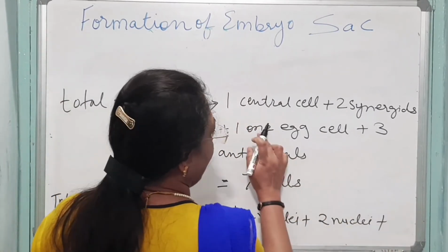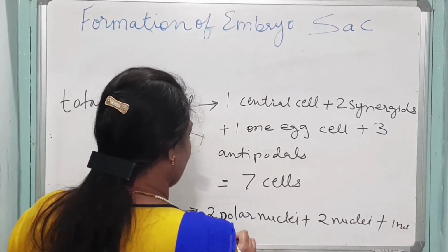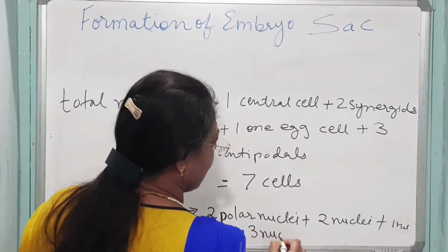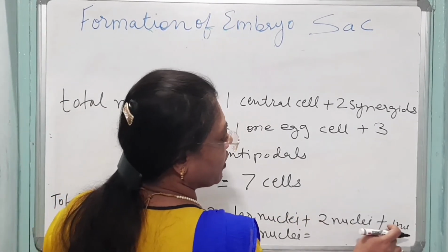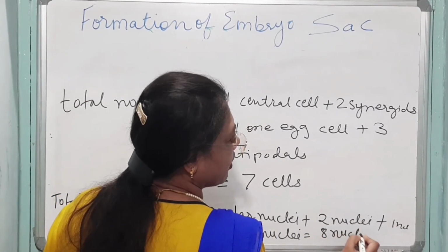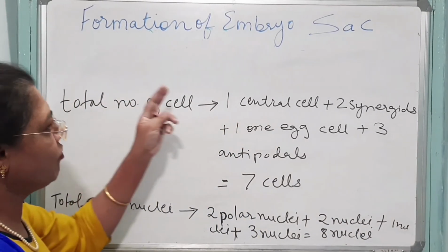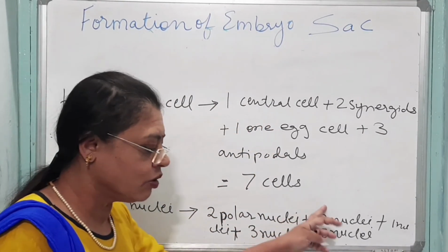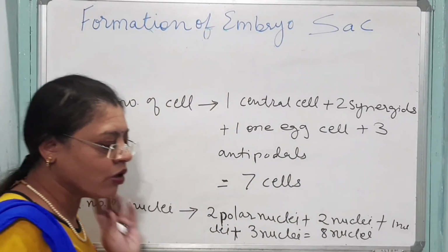Then 1 egg cell means 1 nucleus. Then 3 antipodals means 3 nuclei. That is 2 plus 2 is 4, 4 plus 1 is 5, 5 plus 3 is 8. So this is 8 nuclei. I hope you have understood that the mature embryo sac, though it has 7 cells, has 8 nuclei. So this is the whole distribution of nuclei inside the embryo sac.